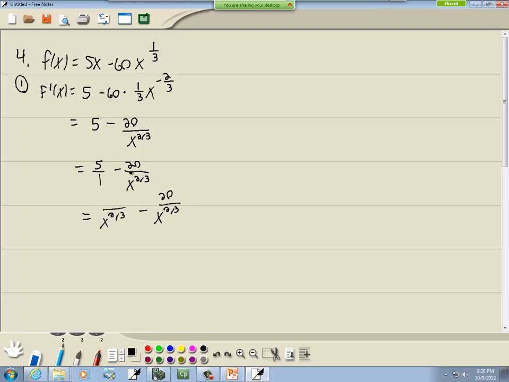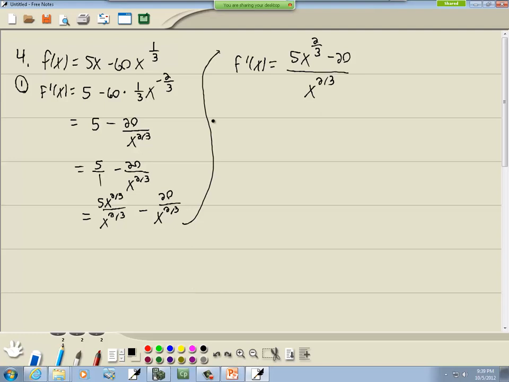Now that one already has that denominator, so we're fine. This one, the first fraction, we multiply the bottom part by x to the 2/3, so we have to multiply the top part by x to the 2/3. So we get f prime of x is equal to 5x to the 2/3 minus 20 over x to the 2/3. Okay, so we've got our single fraction.